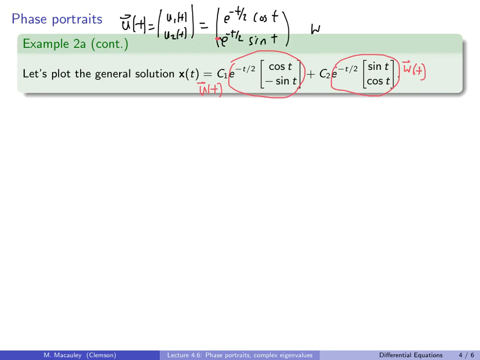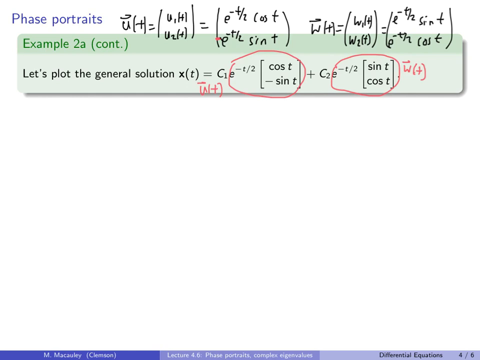And then w of t is really two functions, w1 of t, w2 of t, which is e to the negative t over 2 sine of t, e to the negative t over 2 cosine of t. So u and w really are vectors with two functions.